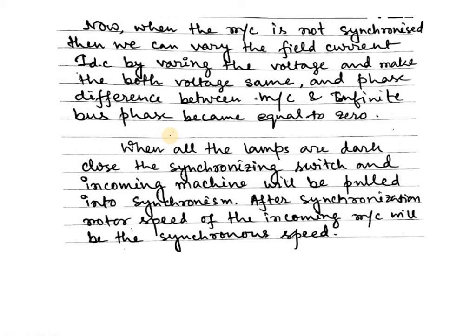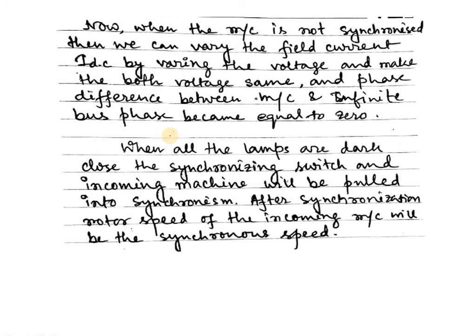Okay. So here the main point is, when the machine is not synchronized, definitely there will be some phase difference between our synchronous machine and the infinite bus. Then the bulb will get some voltage of phase difference, so due to that the bulb will be glowing. Now we will adjust the field current IDC in such a way that the voltage of the infinite bus and our machine voltage are the same, and also the phase difference is the same.